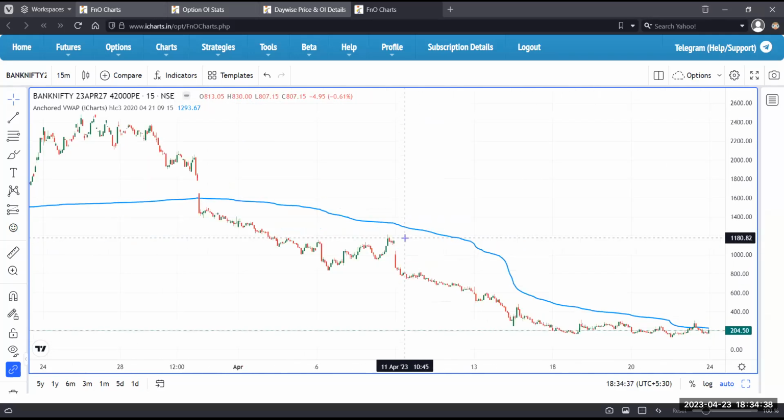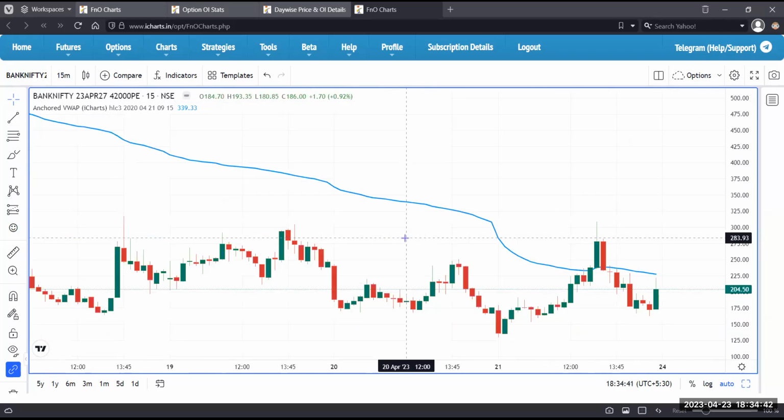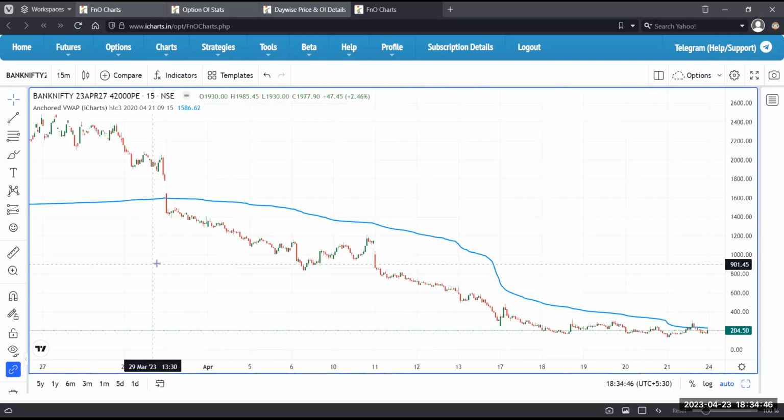Now, look at this particular candle on 31st of March. This was the point where people got excited, and since then, from almost 1200, it has come down to 200. So it will probably go to 0.